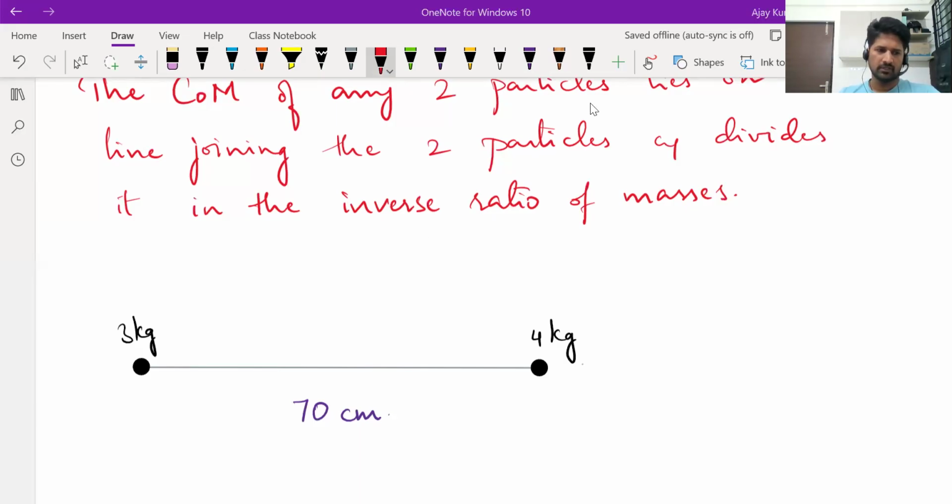Okay, Pawan, Venala, your answers are correct. Rishi, tell me, in what ratio should the center of mass divide this line? From the side of 3 kg, in what ratio should the center of mass divide this line?